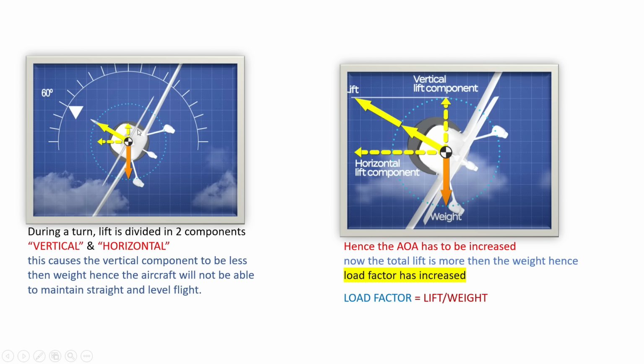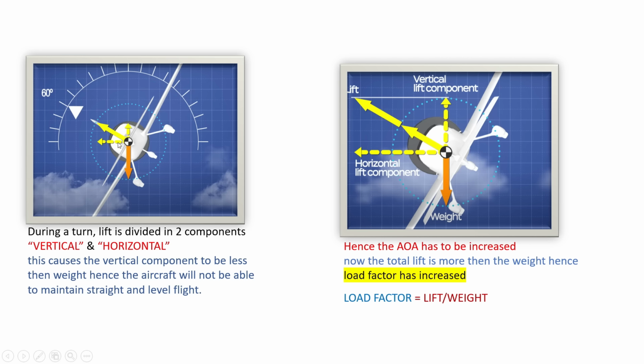Now, why did I explain this? Because the vertical component of the lift is less than the weight, so the aircraft will descend. Think again. Earlier, the vertical component of the lift was exactly balancing the weight because it was straight and level flight. But now, since the aircraft is tilted, the lift vector has split into horizontal and vertical components. The horizontal one is of no significance to us as of now, but the vertical one has reduced, obviously because it is divided into two parts, right?